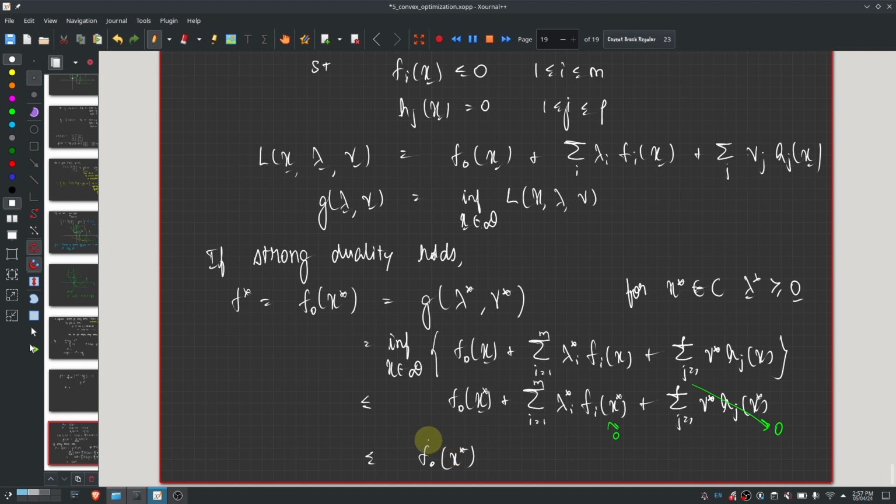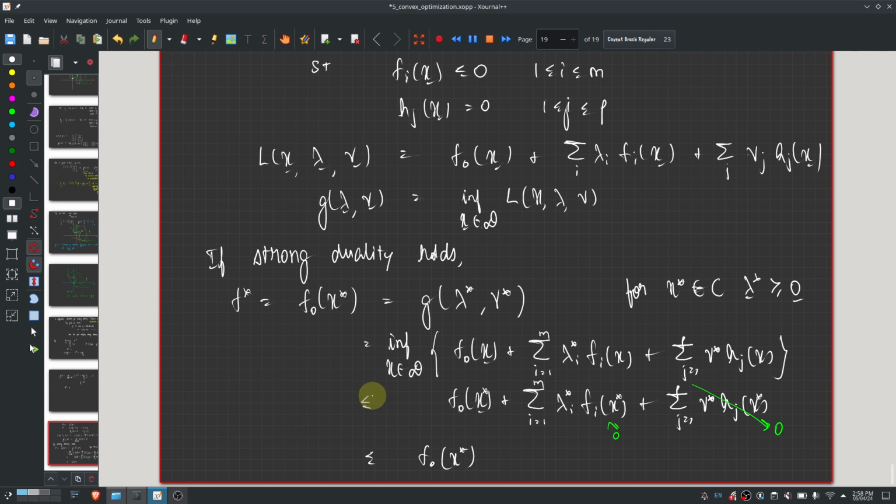But can you have strict inequality? What do you have on the left hand side? Left hand side is f0 of x star, the right hand side is also equal to f0 of x star, which means that each of these should be an equality, not just an inequality, right?